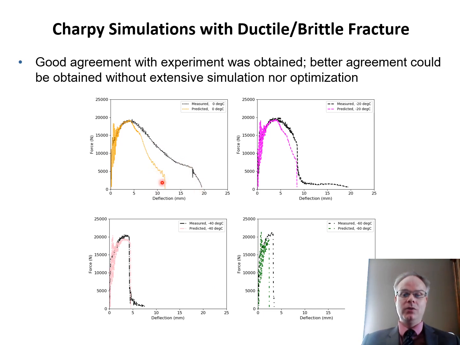So here at 0 degrees, near the very end of the test, we suddenly get a load drop. At 0 or -20 degrees here, we suddenly get the load drop in the material, the brittle fracture, very similar to experiment, as well as at -40 and -60 degrees. So we're getting brittle cleavage fracture prediction preceded by ductile crack growth.